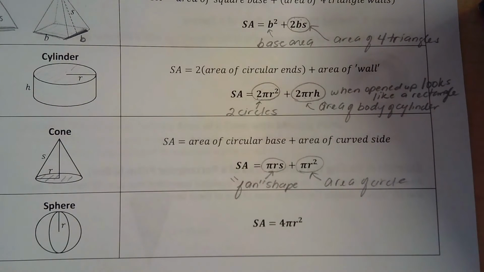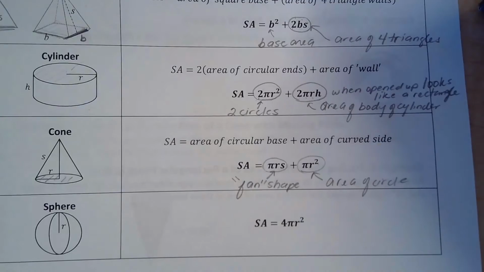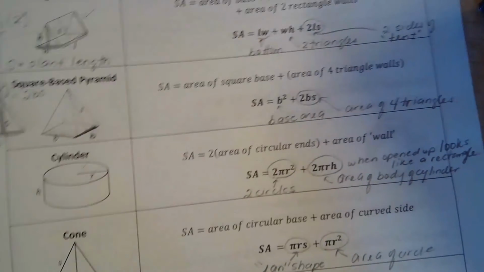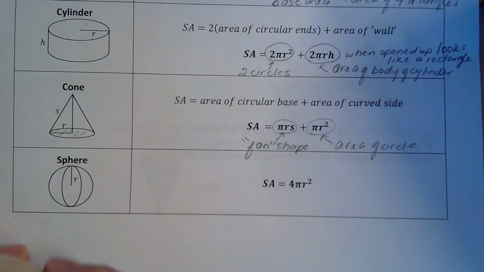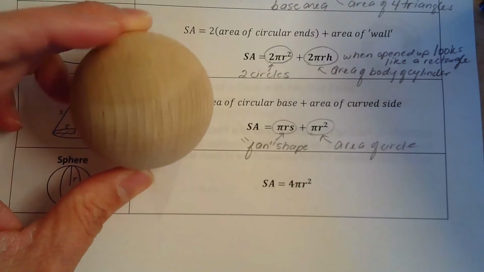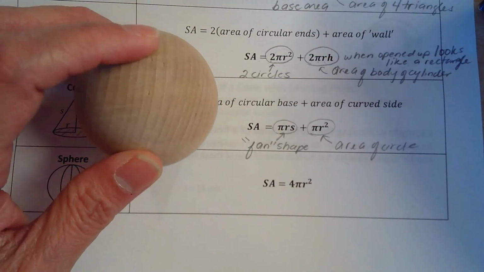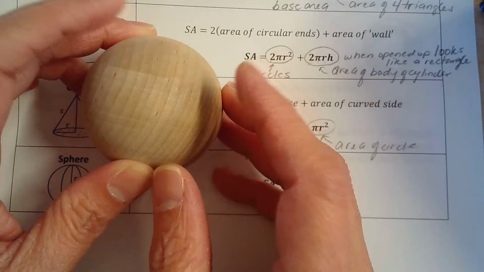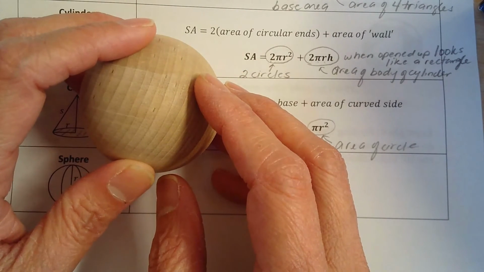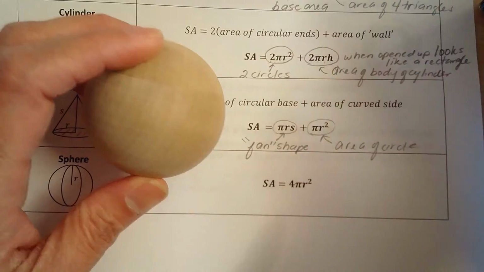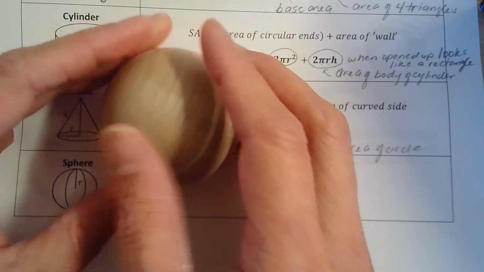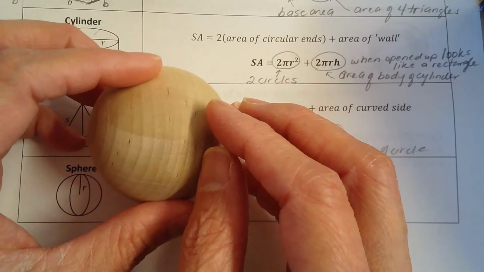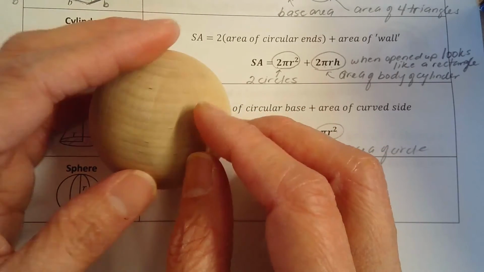And then last but not least, I don't have a flat surface of a sphere, but I have a 3D shape of a sphere. So if we imagine this is, I don't know, an orange or an onion, perfectly circular.